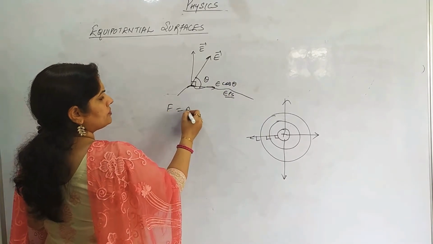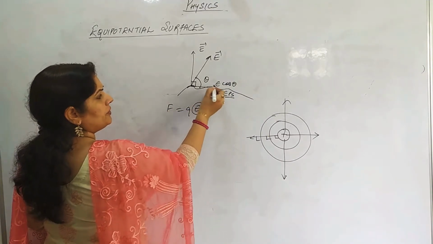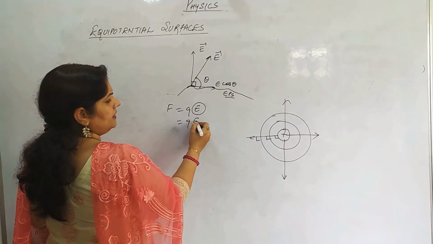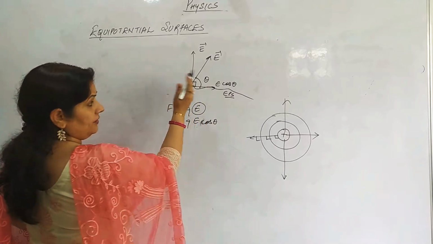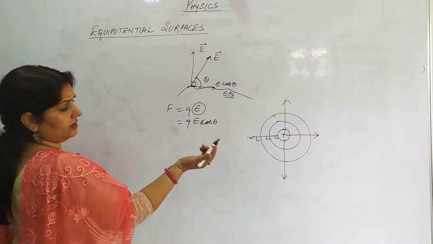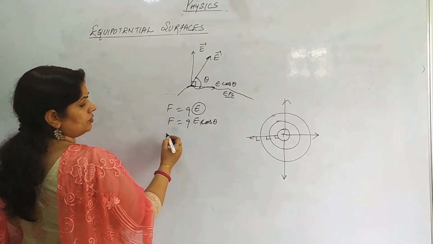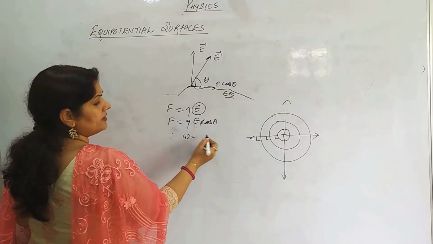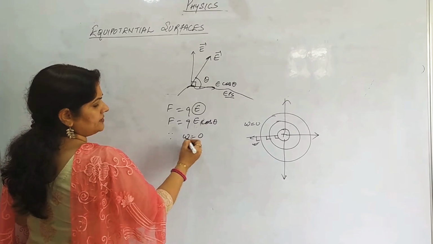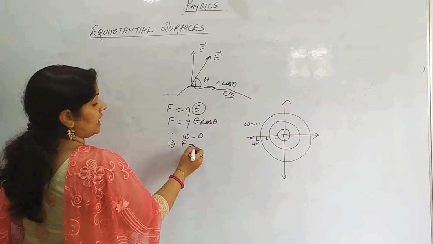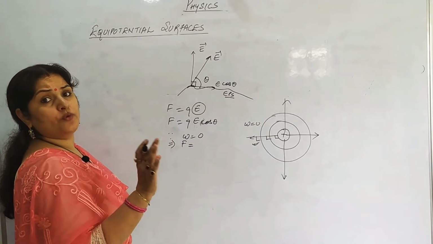So what is the force? Force is QE. Which component of E will we take here? E cos theta. If the electric field is at an angle theta, the force along the surface is QE cos theta. Since work done on any equipotential surface is 0, it means the charge will not experience any force.